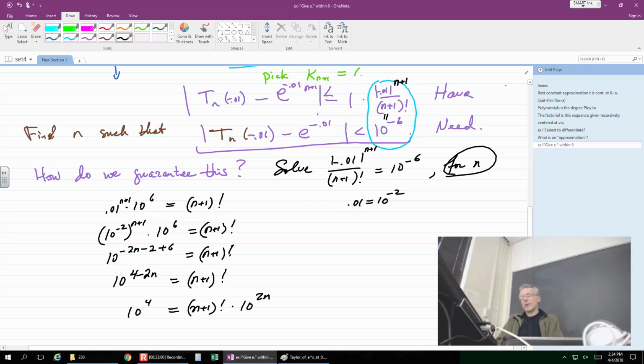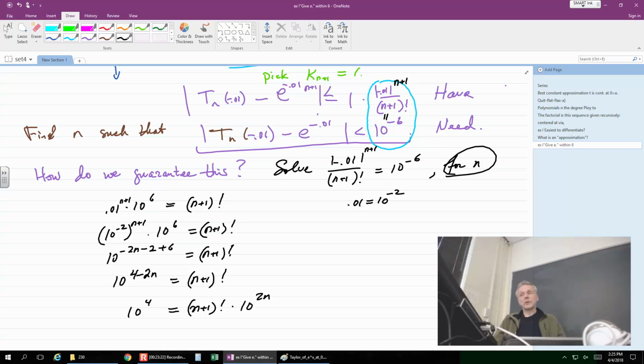So I move stuff around. I want to have n on one side. Now you can see that 10 to the 4th is a fairly large number, so we would have to make n fairly large in order to fulfill this requirement. And then any number n larger than this would be satisfactory.